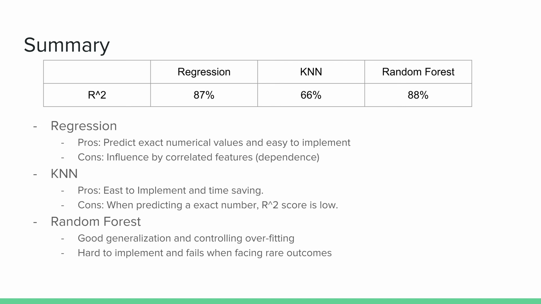KNN is easy to implement and time-saving. However, when predicting an exact number, the R-squared score is very low. Random forest has good generalization and controls overfitting. However, it's hard to implement and fails when facing rare outcomes.